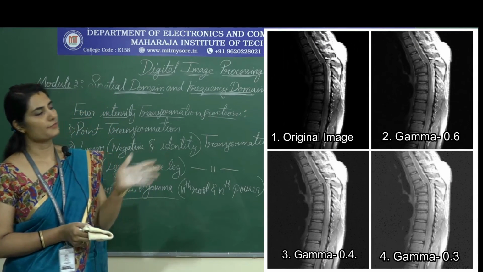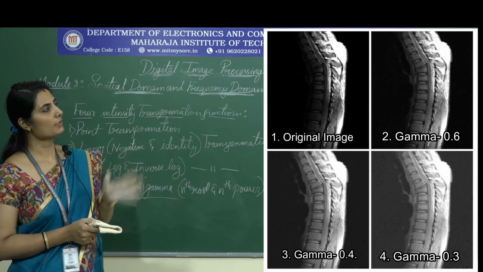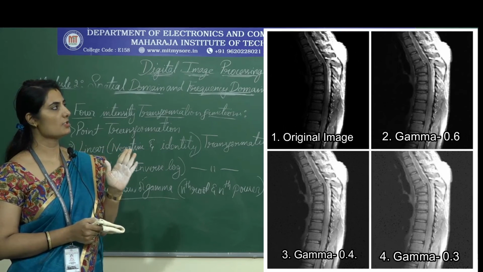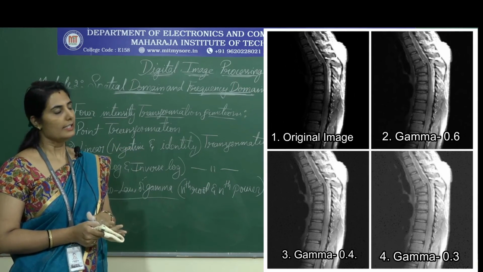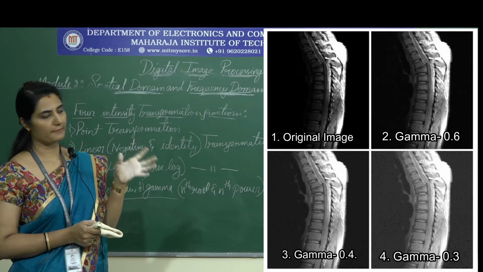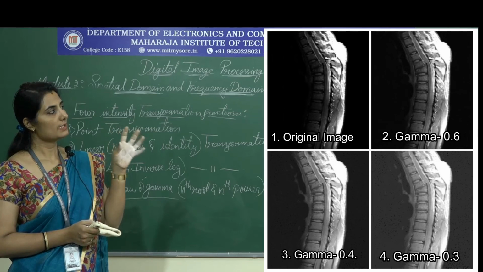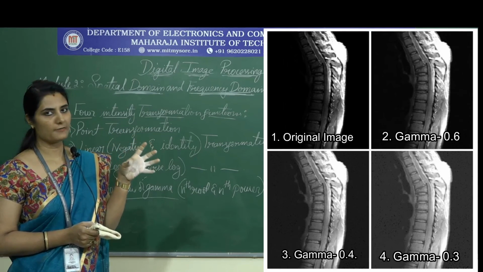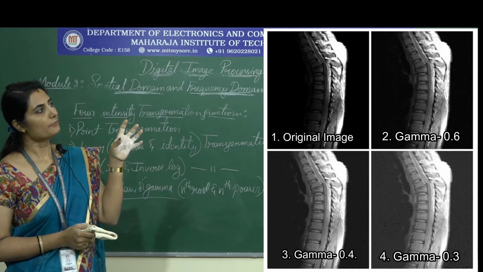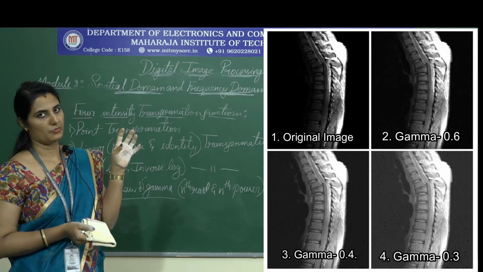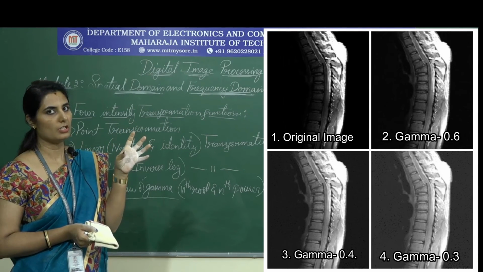So now look at this figure. So now figure 1 shows the MRI scan image of the human spinal cord. Here in this spinal cord there is a fracture and spinal cord impingement. So but this lies in the darker region of this figure. So here we go for gamma correction, that is power law transformation.